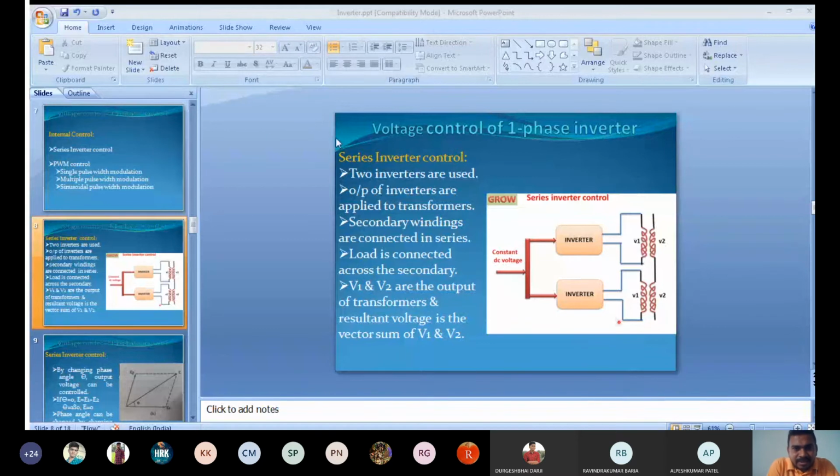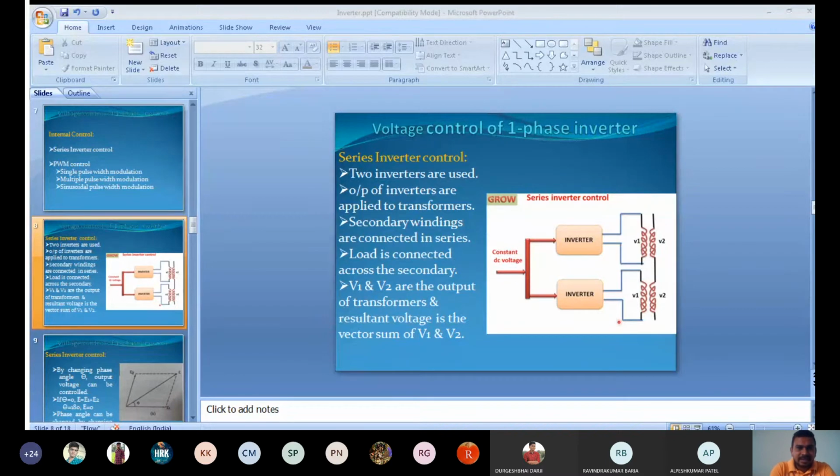the time period of this carrier signal is T equals 1 by fc. So the frequency of the carrier signal is more. Okay, so what happens here, as the frequency of carrier signal is more, more than one pulse is generated.